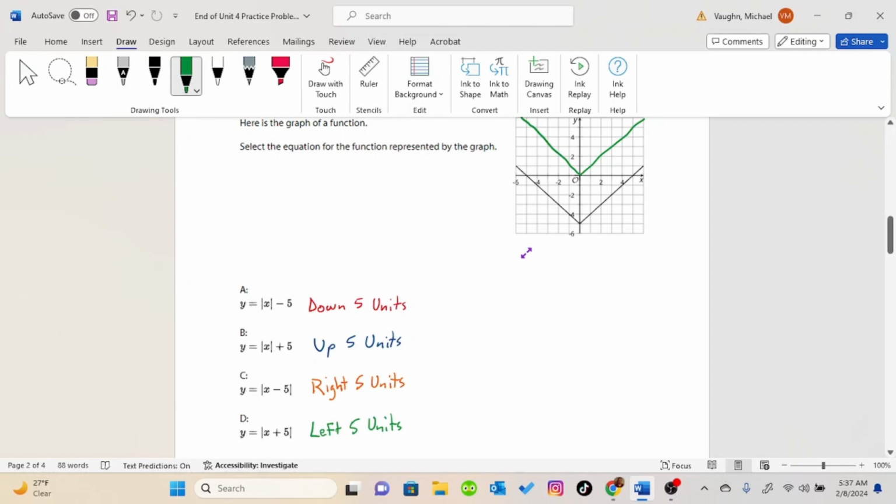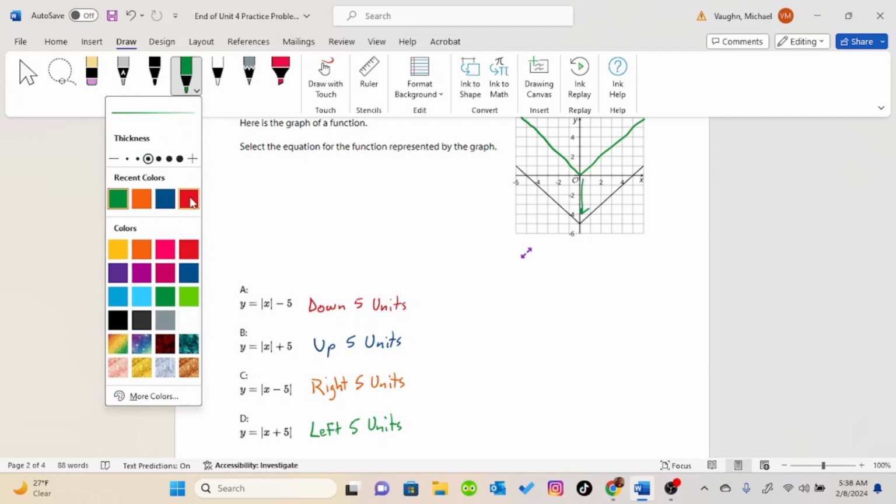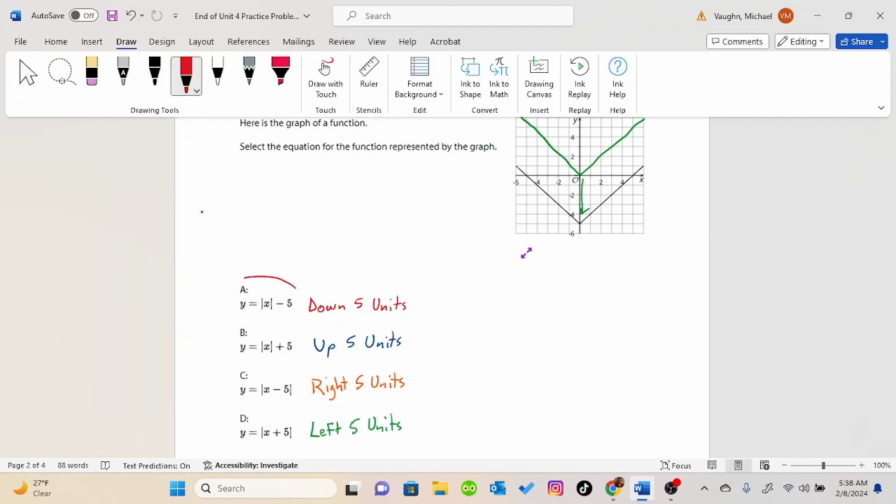So this was shifted down 5 units. So that means choice A is the correct match.